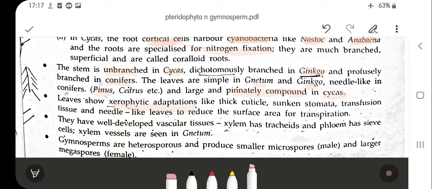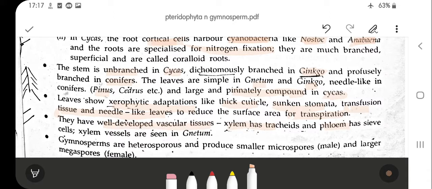The leaves show xerophytic adaptation, meaning they can survive where there is a scarcity of water. What are the various adaptations? Number one is thick cuticle, sunken stomata, transfusion tissue and needle-like leaves, so that they can reduce the surface area for transpiration. They have well-developed vascular tissue, that is xylem and phloem.